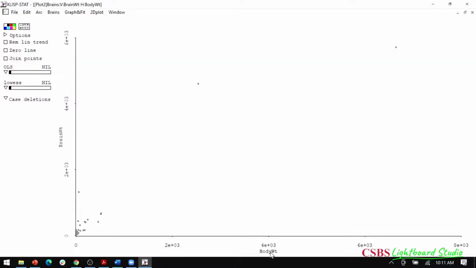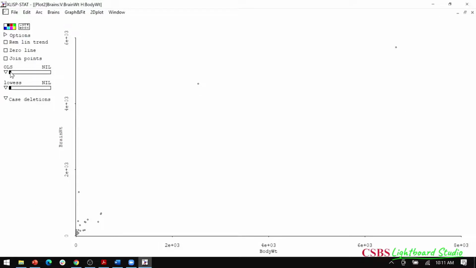Down here you see the body weight is regressed onto the brain weight of an animal. So these are just a bunch of animals, and we're taking their body weight and their brain weight. You got some extreme outliers here, right? And most everyone seems to be down here.